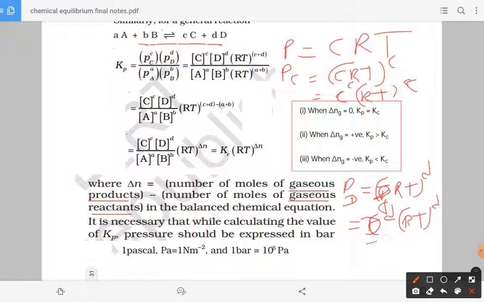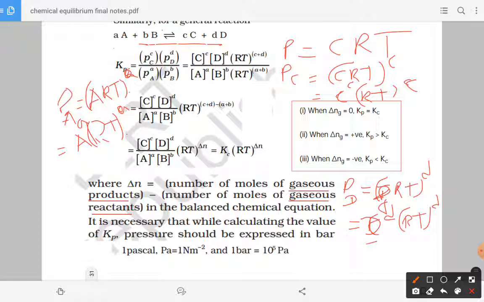Like that you have to do for both. Now for A, the partial pressure of A equals the concentration of A into RT, raised to a, so A to the power a and RT to the power a. Like that you have to do for B also.